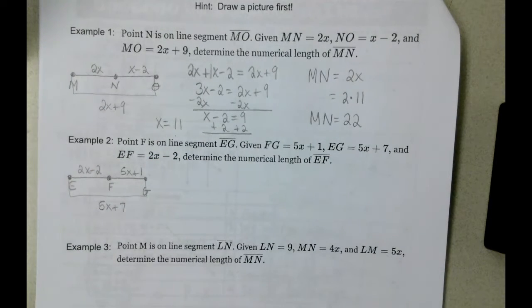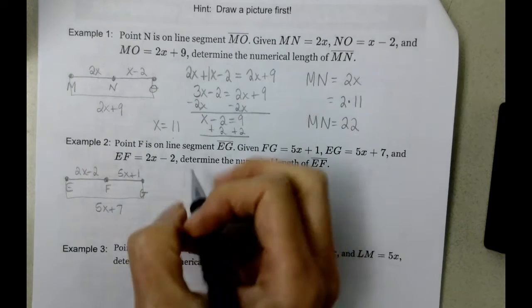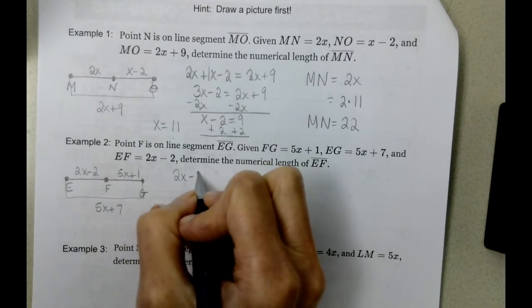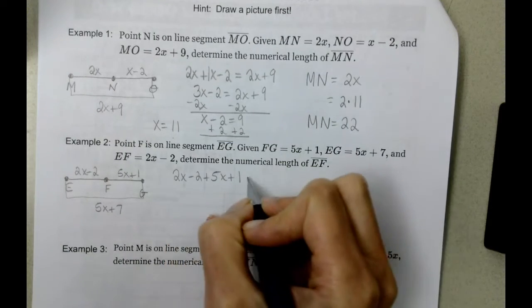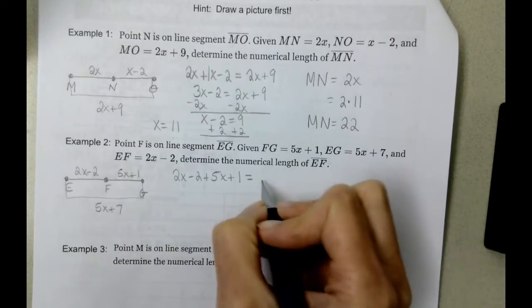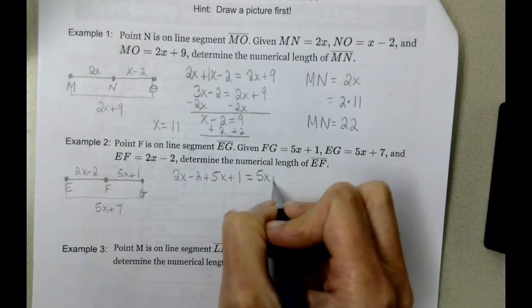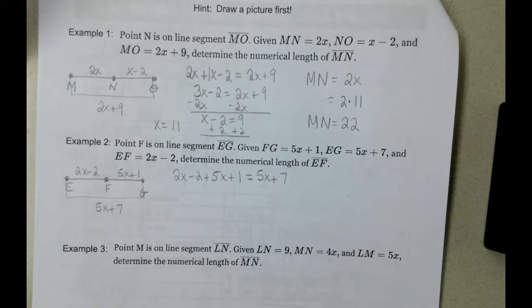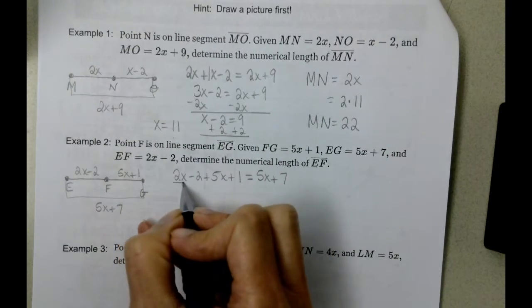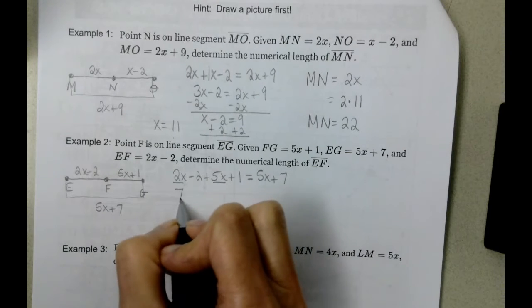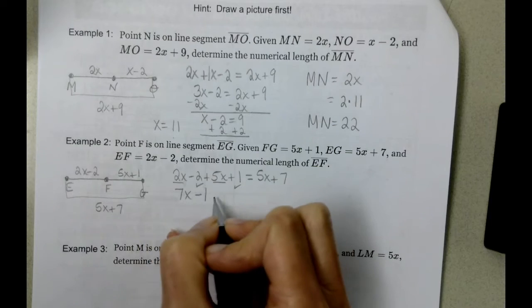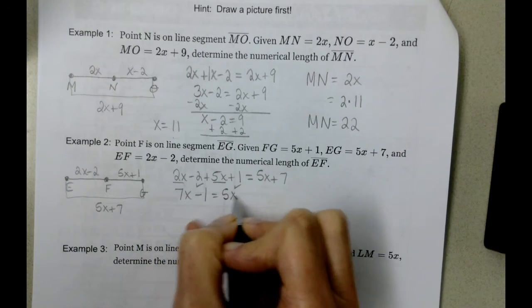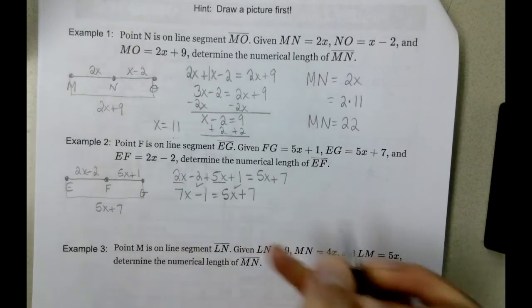And what we're going to do is use our segment addition again. 2x minus 2 plus 5x plus 1 equals the entire length of that segment, 5x plus 7. Combine like terms: 2x plus 5x is 7x, minus 2 plus 1 is minus 1, equals 5x plus 7.